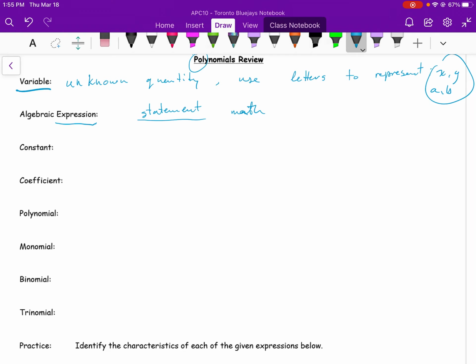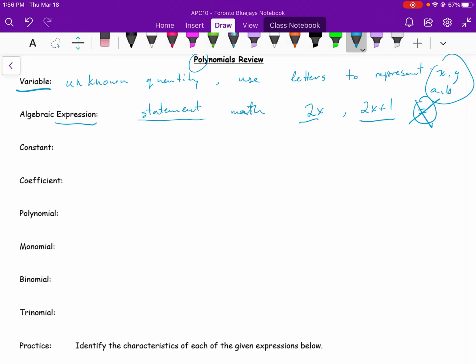So I could write an algebraic expression like 2x plus 1. That is an algebraic expression. It has a variable in it. But what is an expression? Those are expressions. They do not have an equal sign, because then it would be an algebraic equation.